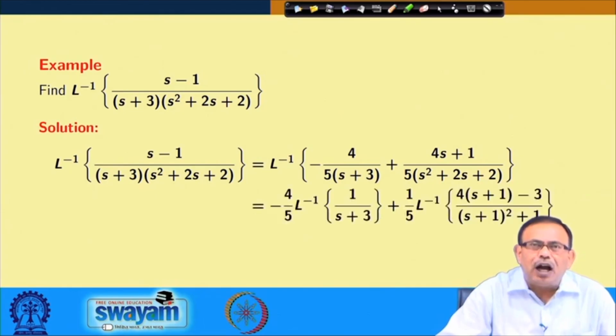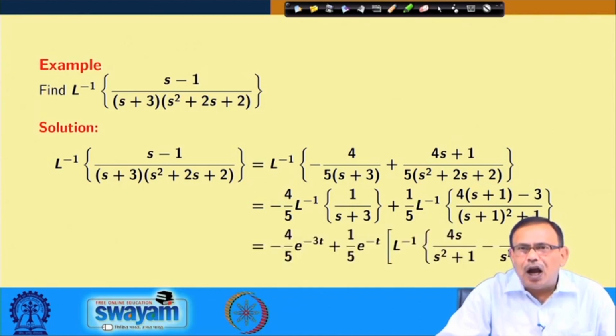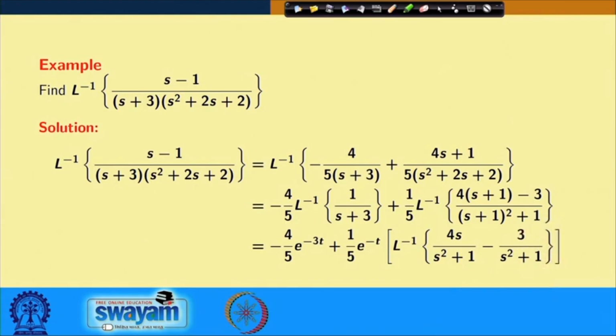Using that, I am writing this as this one, where you see I am using 4s plus 1 by (s plus 1) whole square plus 1. This I can write as s plus 1, so it is s plus a. I am making it e to the power minus t, because e to the power minus a t was there, and a is minus 1. I can write it simply as e to the power minus t into 4s by s square plus 1.